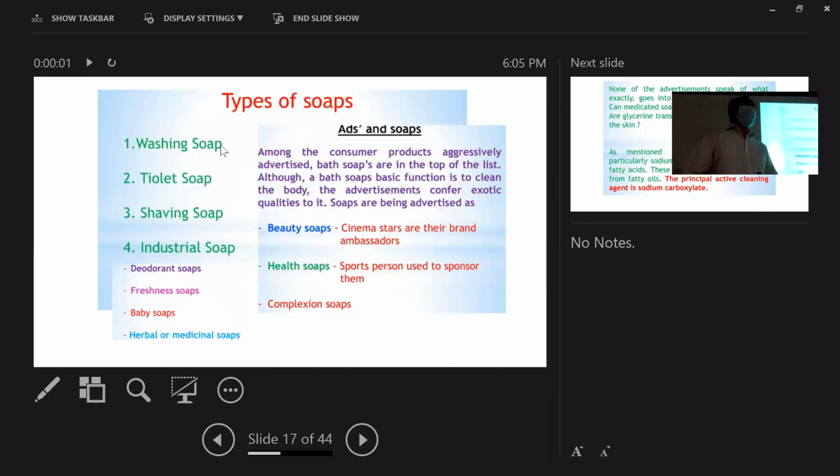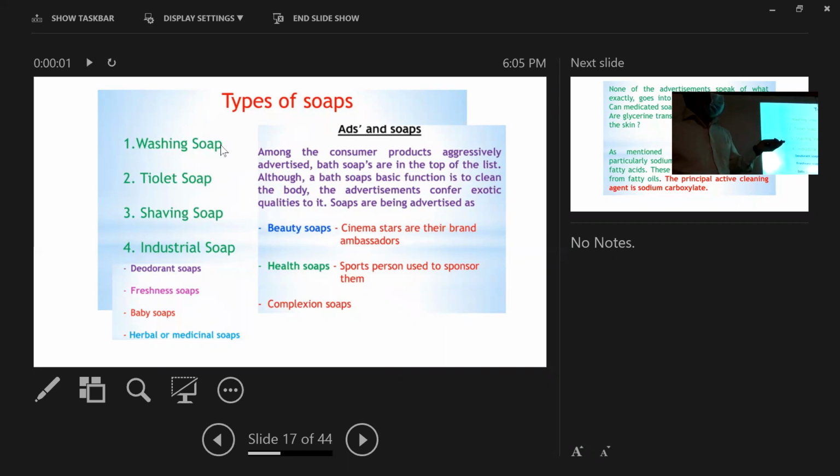We bring them to advertise, but none of them actually mention the ingredients or how the soaps are prepared.